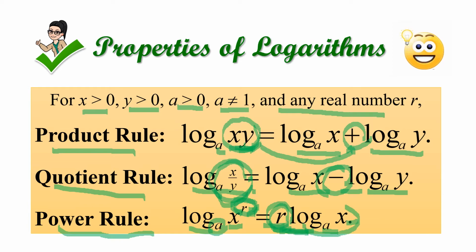So when you get the value of logarithm of x to base a, you have to multiply the result by the value of r, or the exponent on the left. So don't forget these three properties of logarithms because these are very useful when you solve equations involving logarithms.